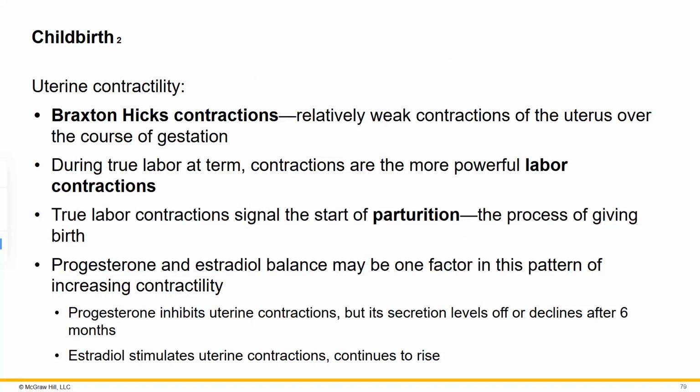Braxton Hicks contractions are relatively weak contractions of the uterus over the course of gestation. During true labor at term, the contractions are the most powerful. True labor contractions signal the start of parturition, the process of giving birth. Progesterone and estradiol balance may be one factor in this pattern of increasing contractility.